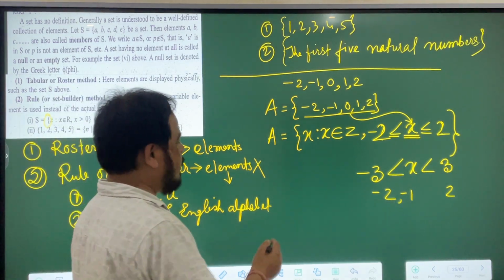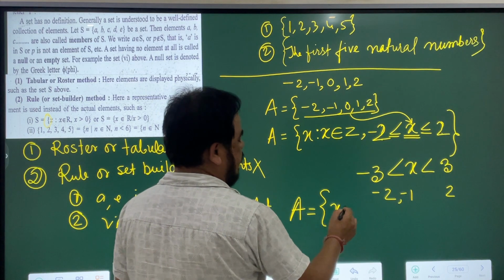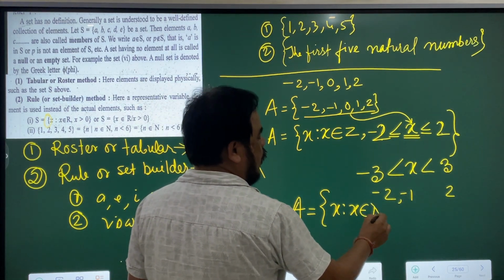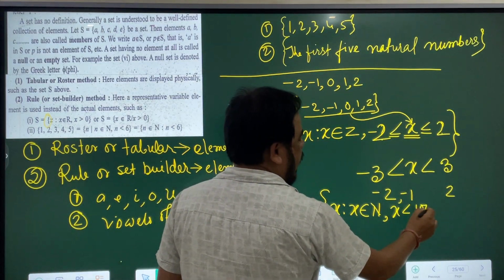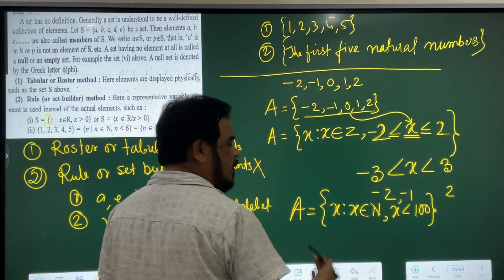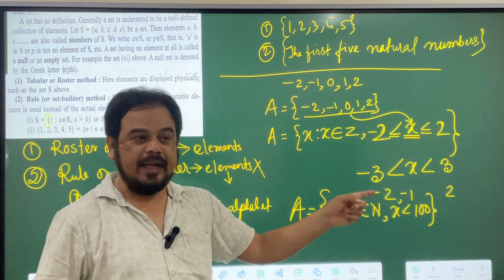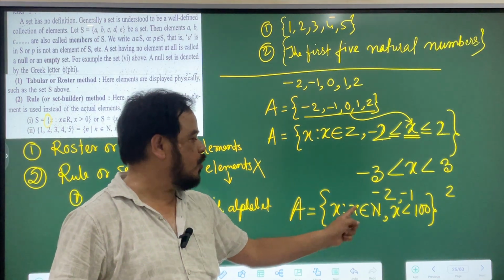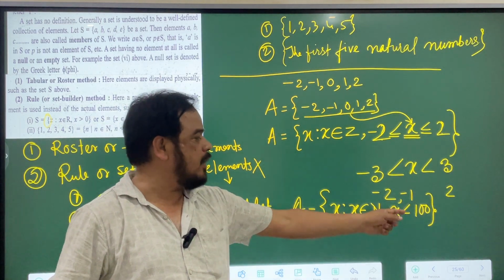In that case, suppose the set is A, then we will write X such that X belongs to natural numbers, X is less than 100. That means till 99. What is X? X is a natural number from 1 to 99. So we will write X is less than 100. First you have to write X belongs to, then by putting a comma we will write about X.